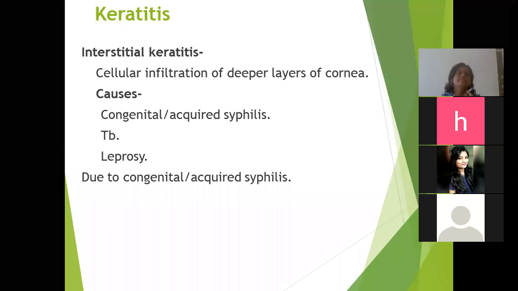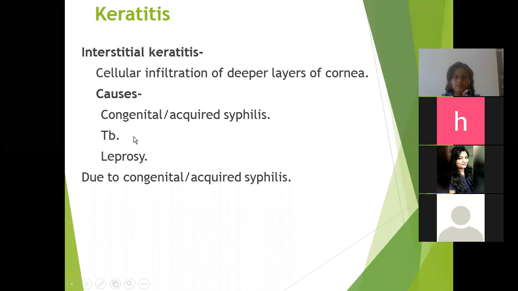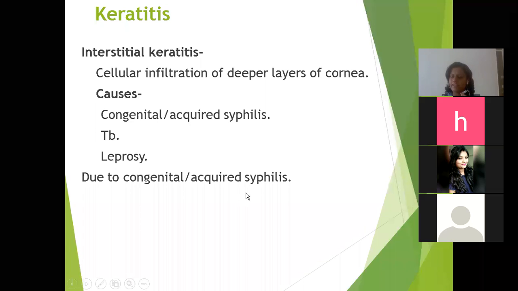Interstitial keratitis: in this there is cellular infiltration of the deeper layer of the cornea, and the causes of this are congenital and acquired syphilis, tuberculosis, leprosy. So these are the causes of interstitial keratitis.